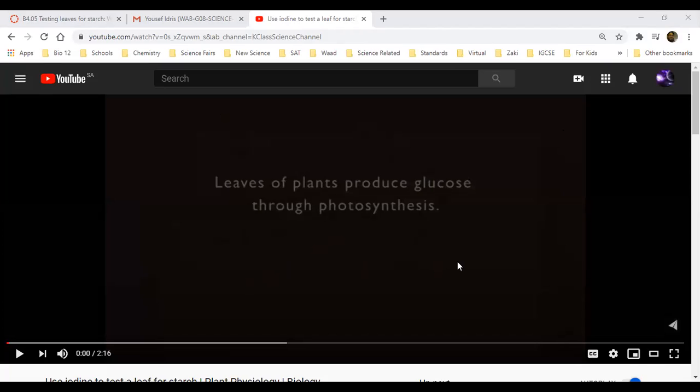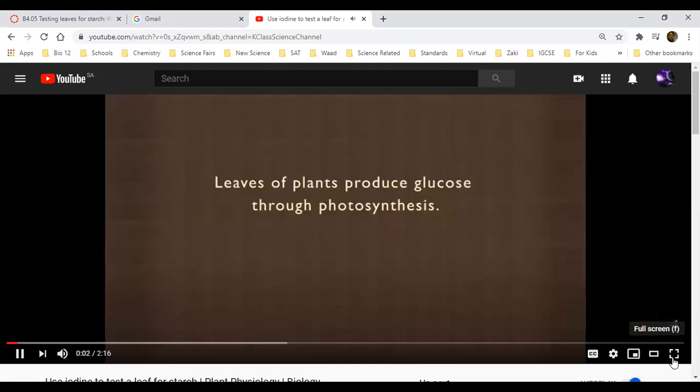So we will be conducting a small test where we will be identifying that yes, the leaves are able to convert the glucose into starch. All right, so let's start. Let me put myself to mute for 5 minutes and let's continue.